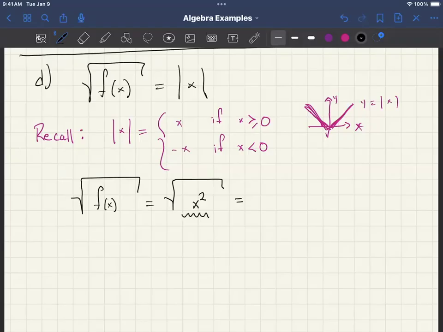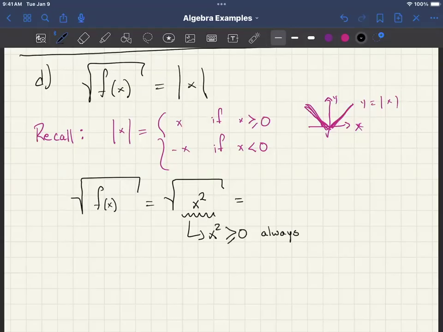But notice here, x squared is what we start with, and it's bigger than or equal to 0 always, isn't it? It doesn't really matter what number you punch in, you square it, you are always going to get a positive number or 0.